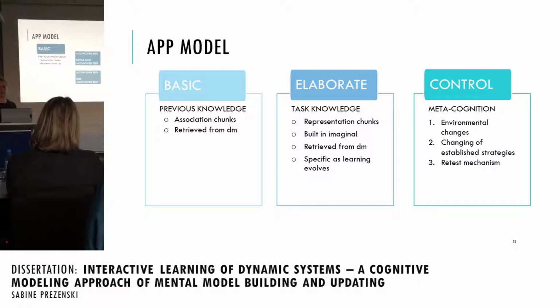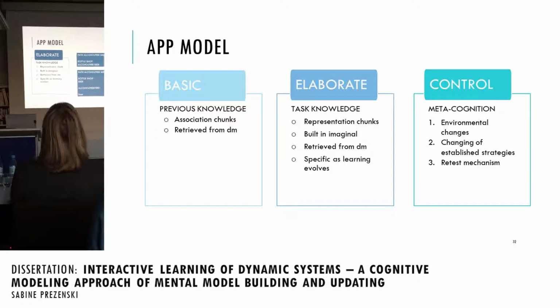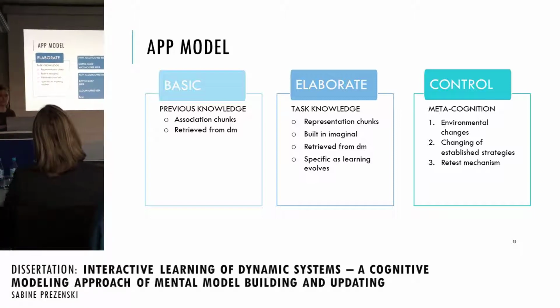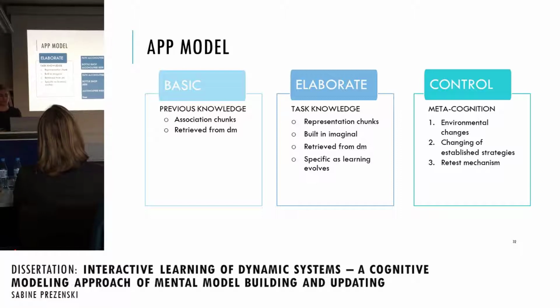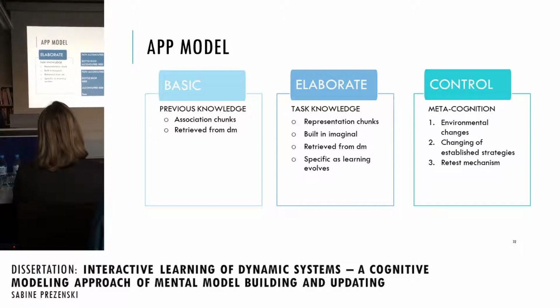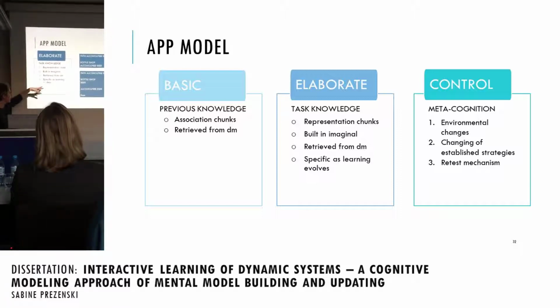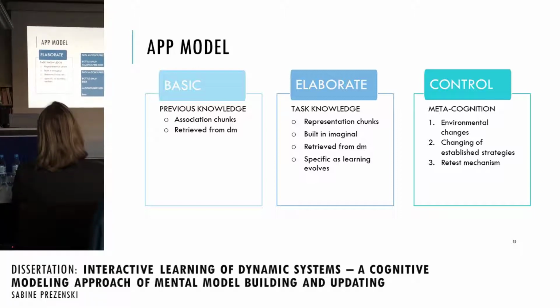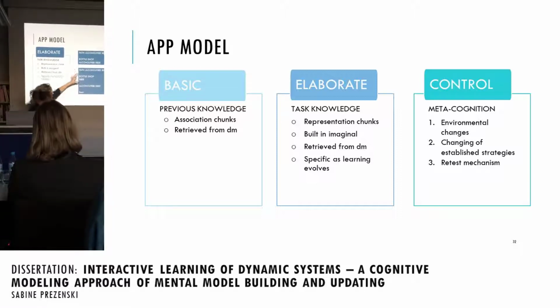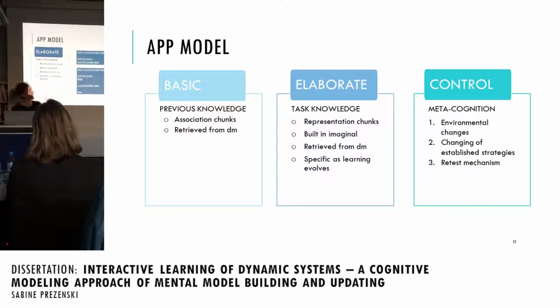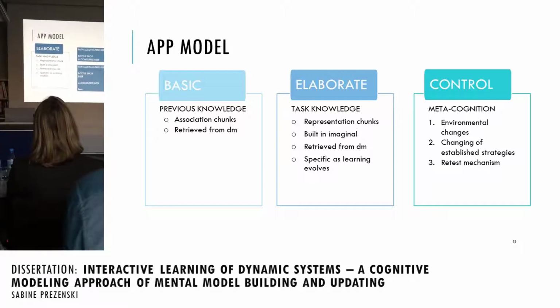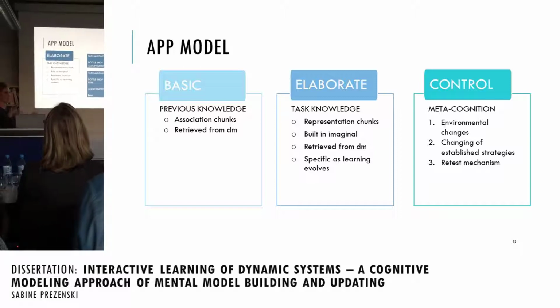and it retrieves it from its declarative memory. Now, as the model interacts with the app, it builds up more specific task knowledge, and this is stored in the form of a representation chunk, which is built in the imaginal module where information is bound together, and these can later be retrieved from declarative memory, and they become more specific as learning works. These representation chunks are like paths which show you, if I'm looking for alcohol-free beer, I have to go to bottle shop, and then I go to alcohol-free beer, or as you learn, there are two different versions.